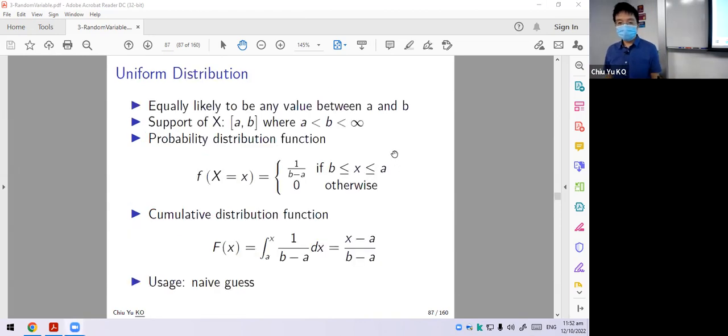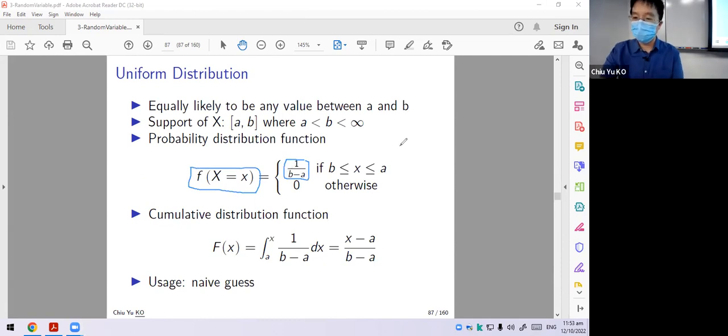Okay, and so let's review what we have done. For the uniform, we're talking about things equally possible between A and B, and the f will be the same for any value there. Just remember the denominator comes from the fact that the area under the curve must be 1.